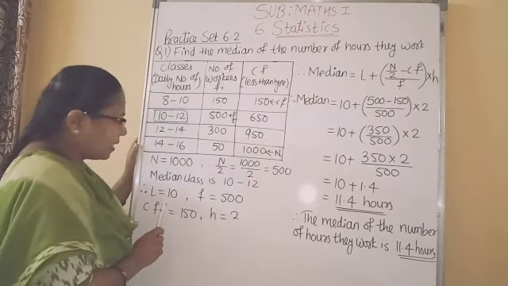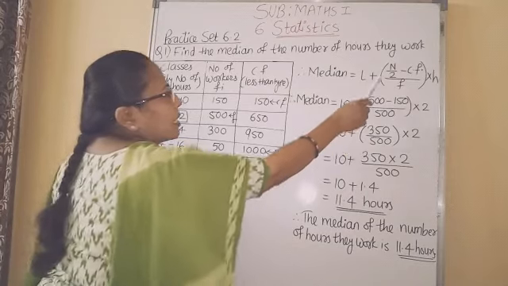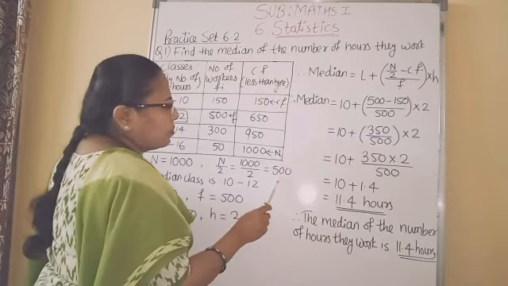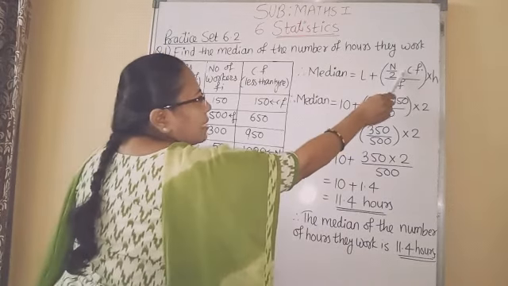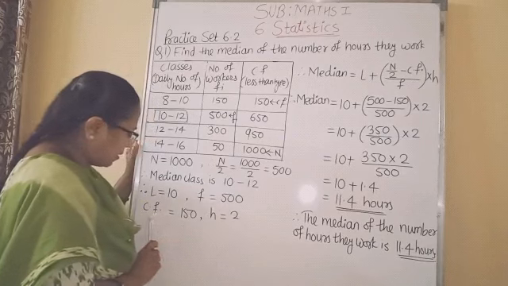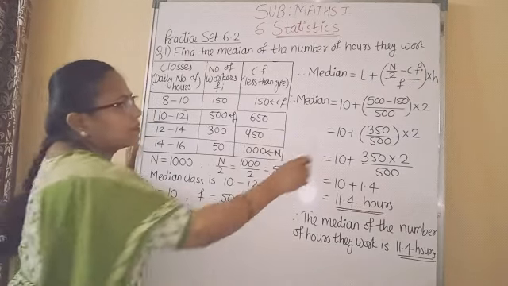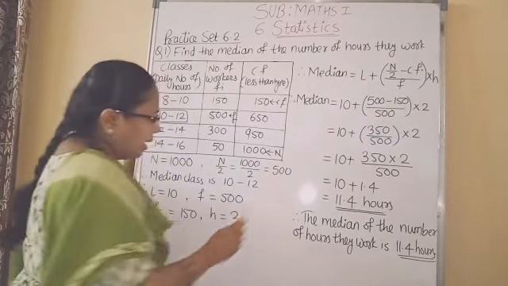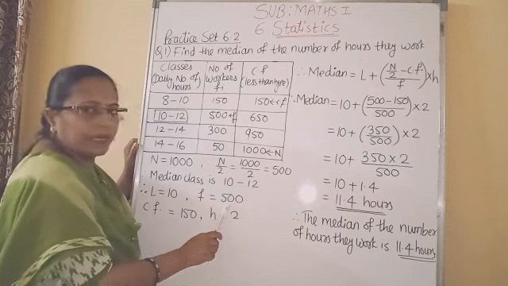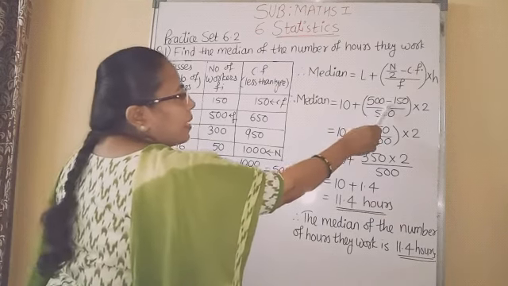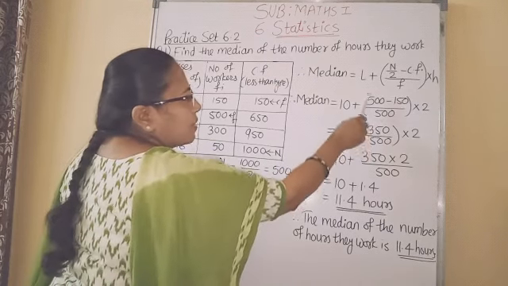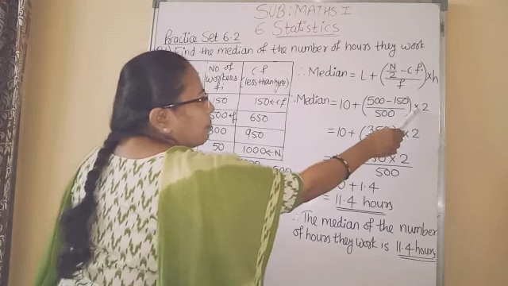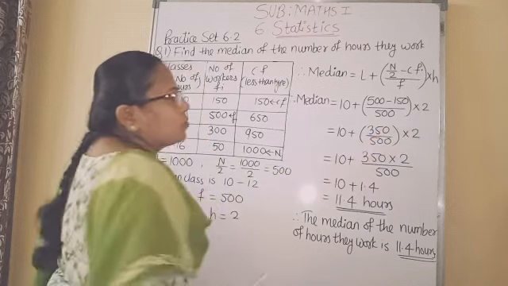L is equal to 10 plus n upon 2 is equal to 500 minus CF. CF is equal to 150 upon F. F is equal to 500. So 500 minus 150 upon 500. Close the bracket. Multiplied by H. H is equal to 2.